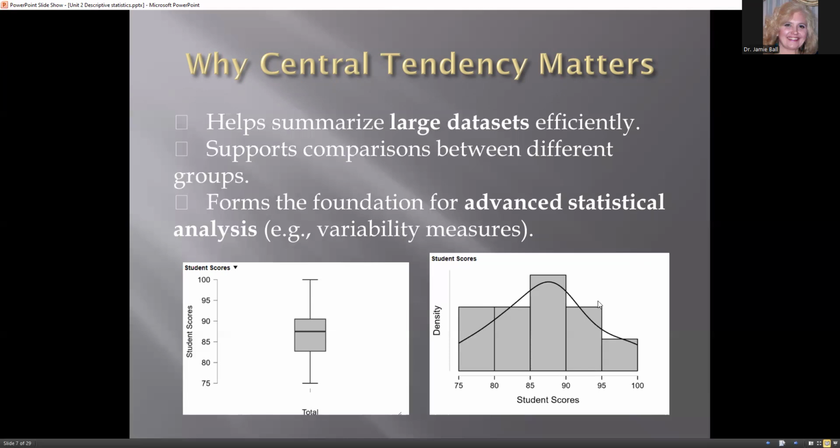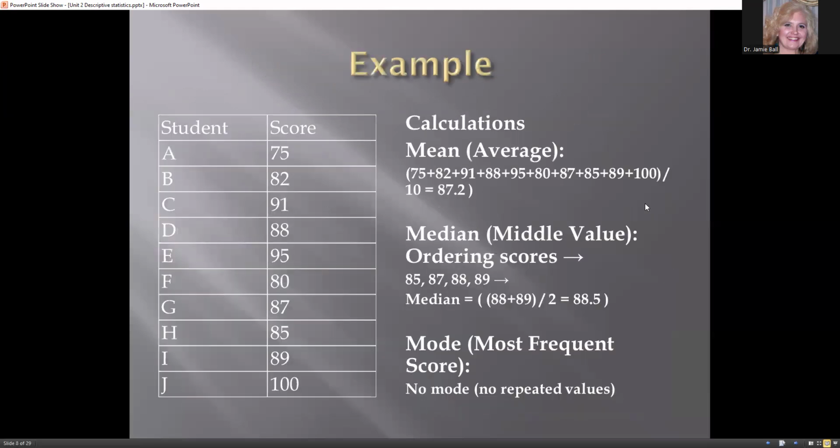And these are the foundations for advanced statistical analysis. But we can learn a lot from analyzing just the distribution of scores. So here I have an example data set with students A through J and their test score. And then we give the calculations mean, median, and mode.